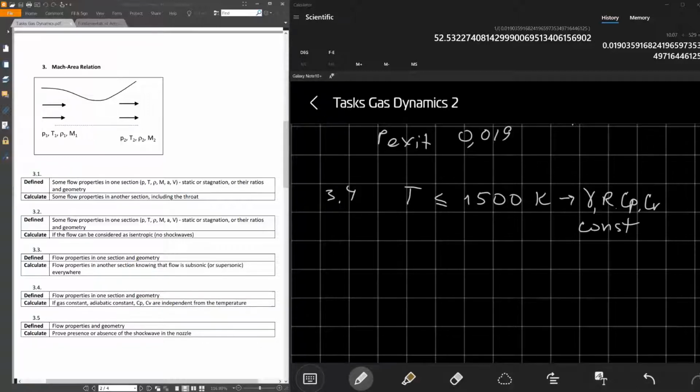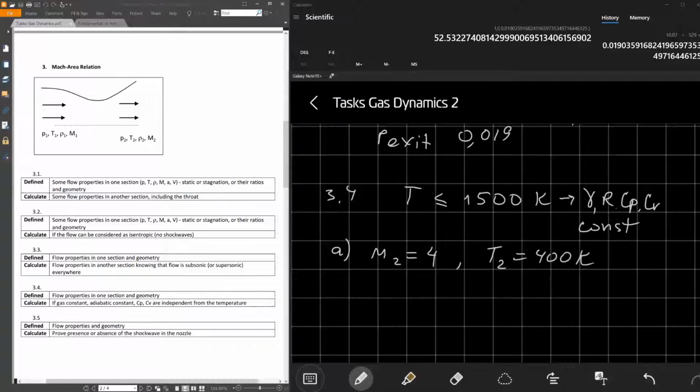First of all, I will show you the simplest case. It will be given a Mach number, for example Mach number 2 is equal to 4, and temperature 2 is equal to, let's have, 400 Kelvin. And we also need to define the geometry.